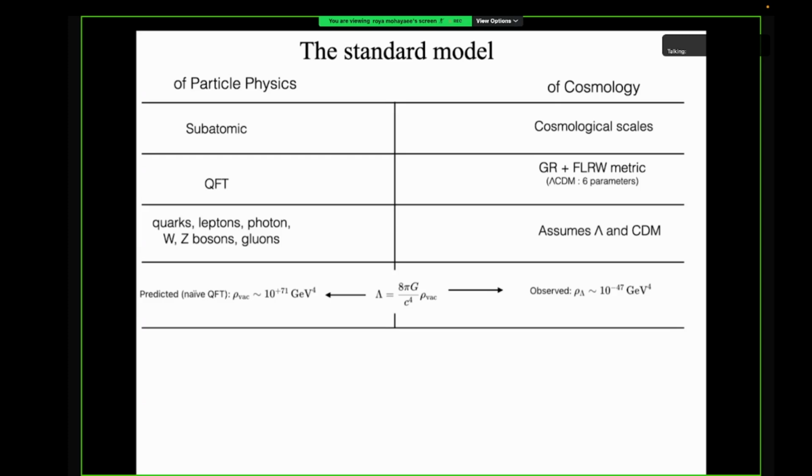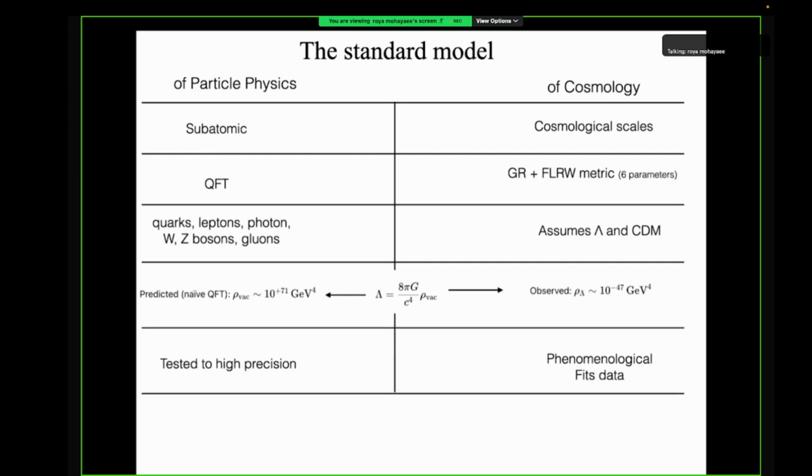If you calculate that from quantum field theory and compare it to the lambda derived from observations, then you see that there's a huge difference in the value of this parameter. I think you agree with me that this is one of the biggest challenges and problems of theoretical physics today.